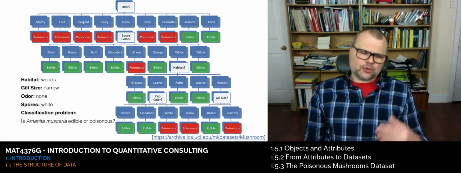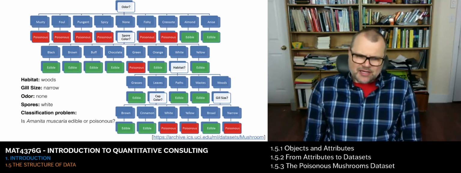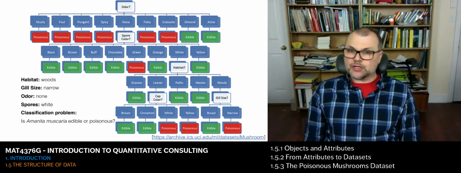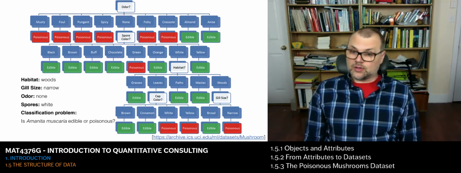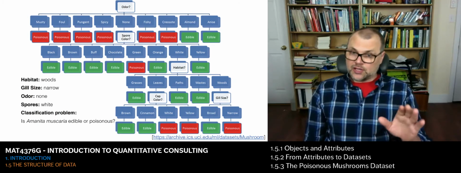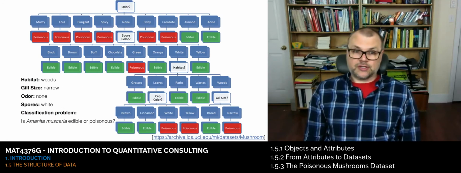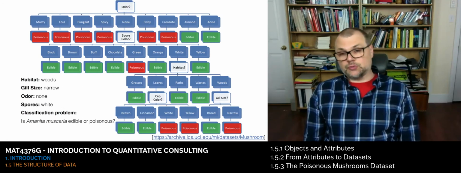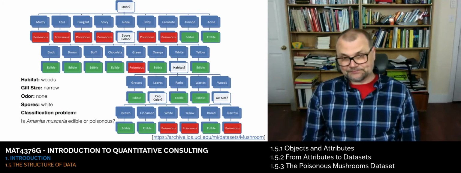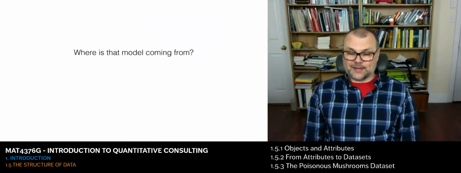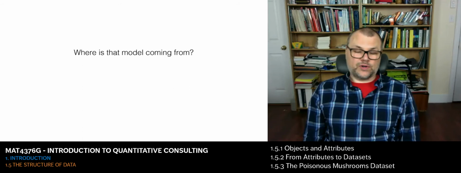Well, how do we answer a question such as, is Amanita muscaria edible or poisonous? Well, we could build a model and read off what the model says. So I'm going to take you through this model here and we'll make a prediction as to whether the mushroom should be edible or poisonous. Except, where's the model coming from?